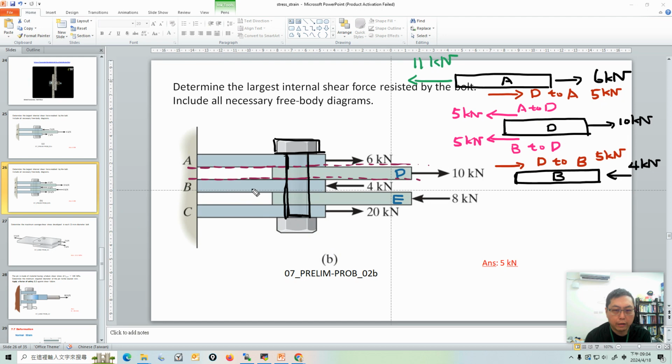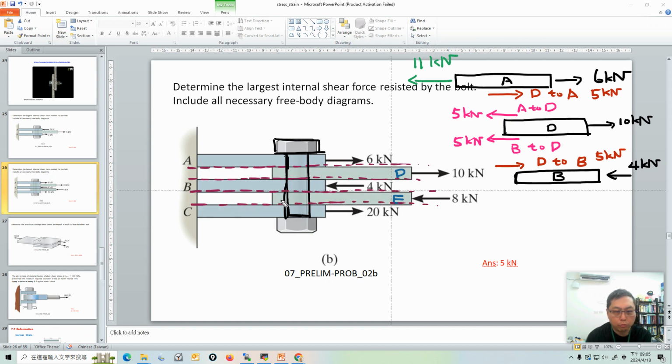Is that all? That's not the whole story. B also contacts E. This is a shear plane, and this is another shear plane.